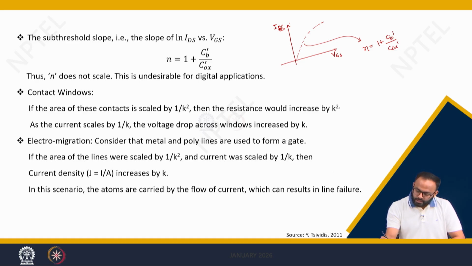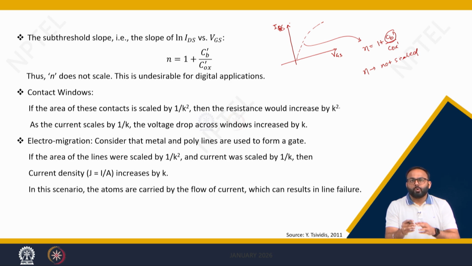As we have seen that the oxide capacitance per unit area is not scaled, meaning n will not be scaled, right. So, when you are going from long channel to short channel devices, your subthreshold slope is not scaled. So, this is not desirable for digital application because it will reduce your noise margin.